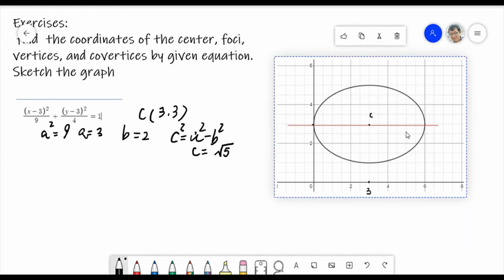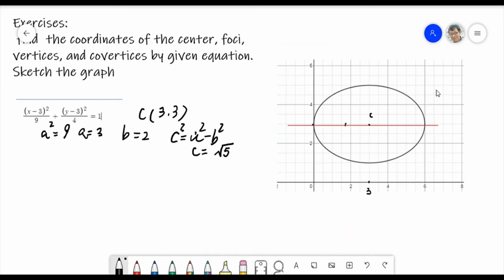So this should be the focus F1. And here, 1, 2 here, so this should be F2.